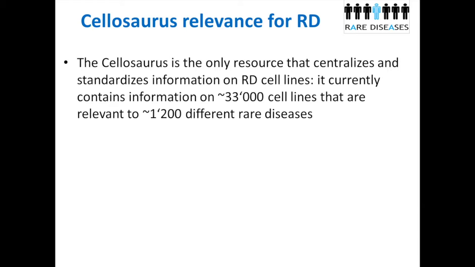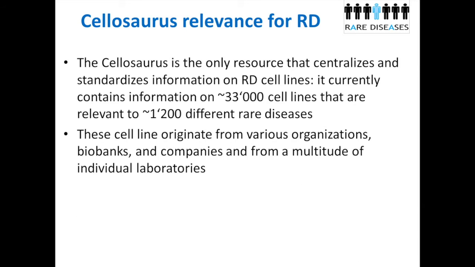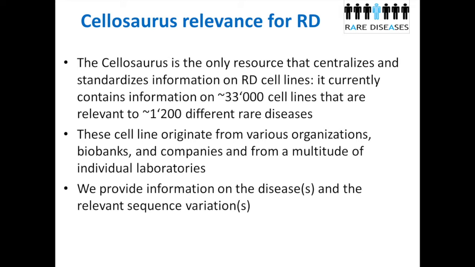Currently it's about 1,200 different rare diseases. Those cell lines come from many different organizations, biobanks, companies, and a multitude of individual labs. What's important in this context is to provide information on disease and on sequence variation.